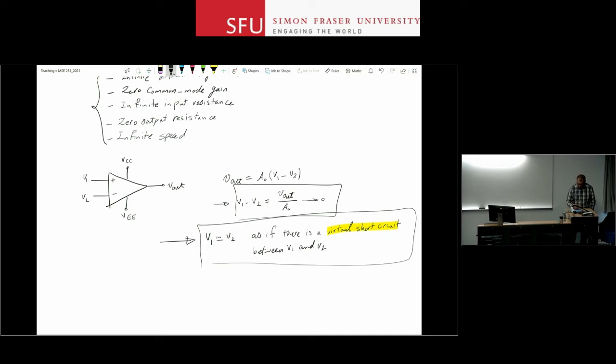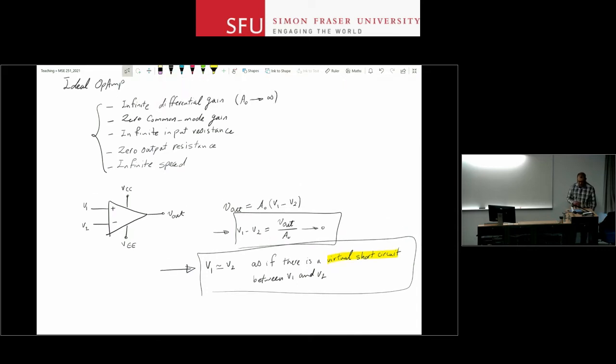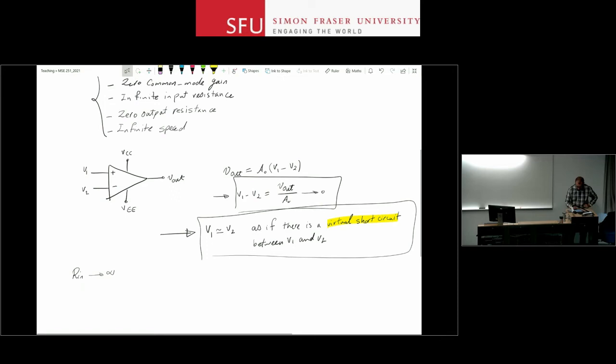The second point that we note is that if you go back to the list of ideal op-amp properties, there is the issue of infinite input resistance. So if R in for your op-amp goes to infinity, remember that I can draw any voltage amplifier as long as it is linear.